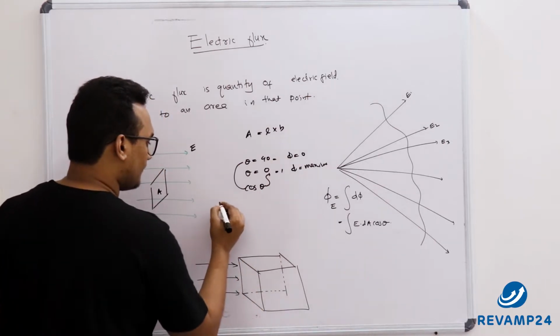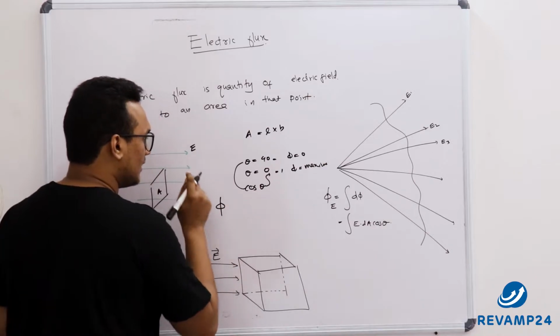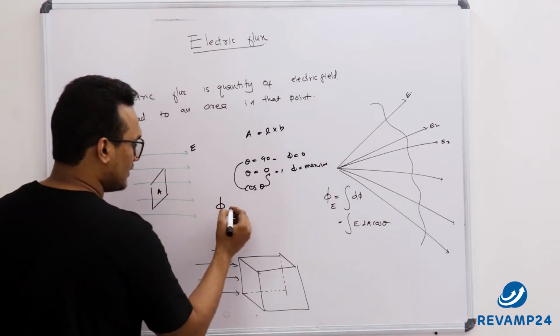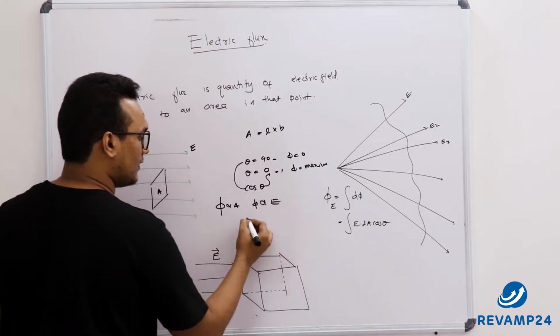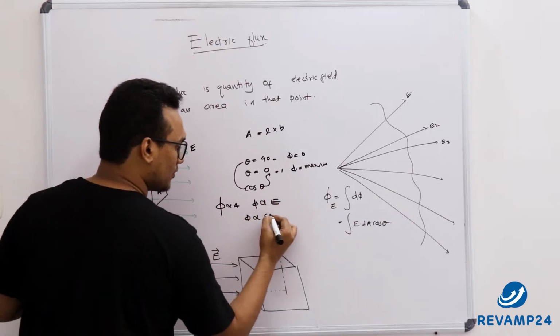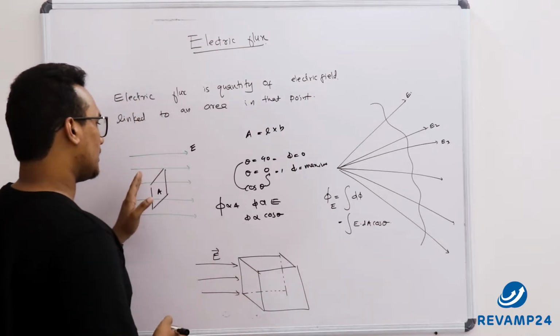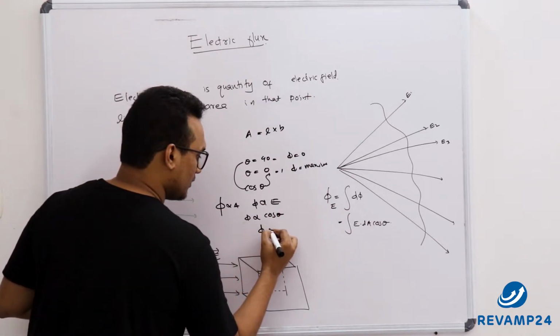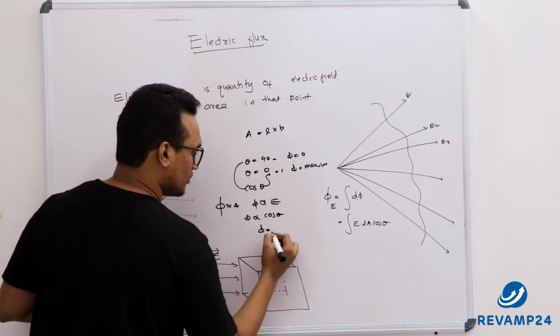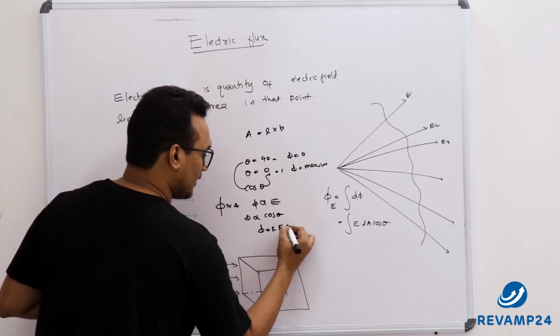So we know that flux is directly proportional to area, flux is directly proportional to electric field, and flux is directly proportional to cos theta, the angle between E and A. So we will bring everything into one equation. Flux is equal to a constant into EA cos theta.